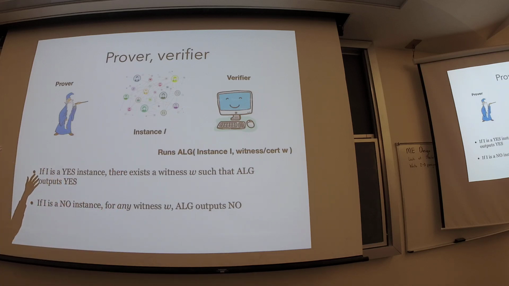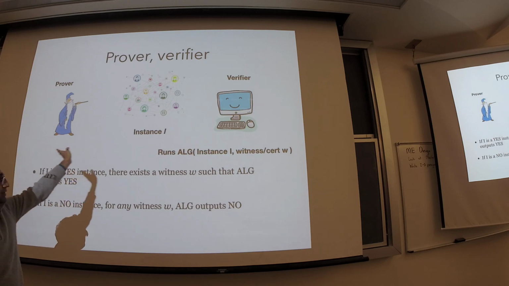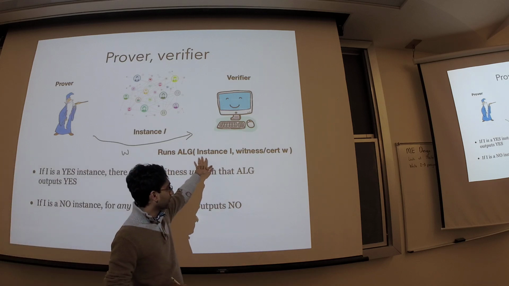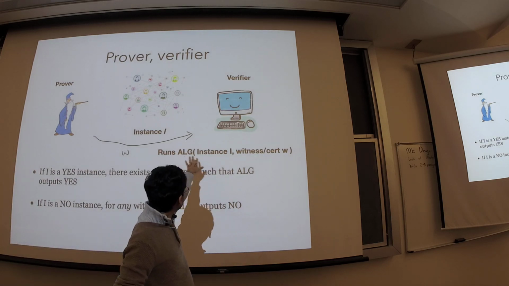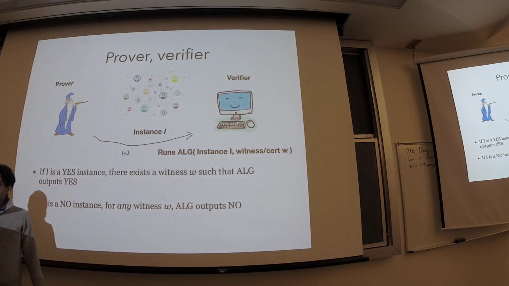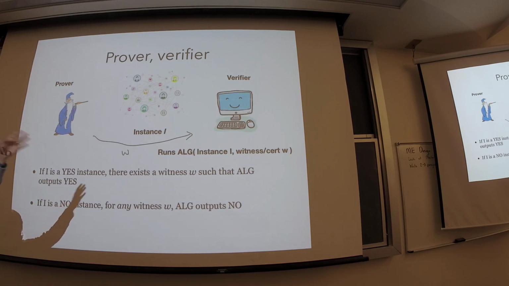And the goal of the prover is to provide some witness or certificate. So the prover provides the certificate W. And the verifier, all it does is it runs some verification algorithm, which I call ALG, on the instance I and this certificate W. And it either outputs yes or no. It either accepts that certificate as a valid certificate for this input or not.